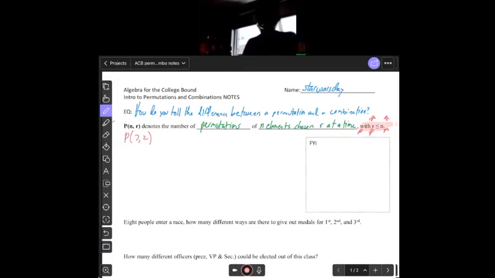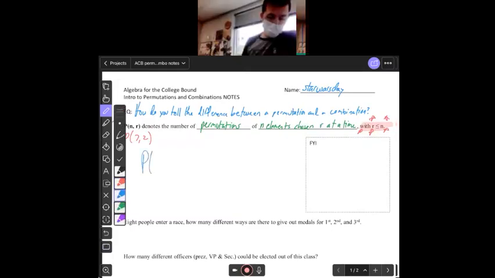So the formula for this math, P(N, R), the number of permutations of N elements chosen R at a time, is N factorial, where we use an exclamation point to stand for the word factorial, divided by (N minus R) factorial.